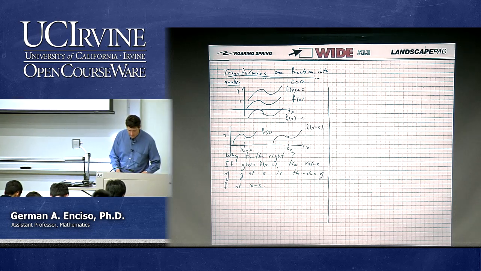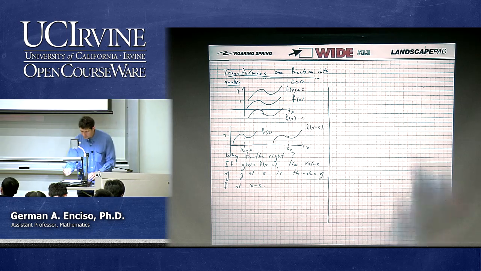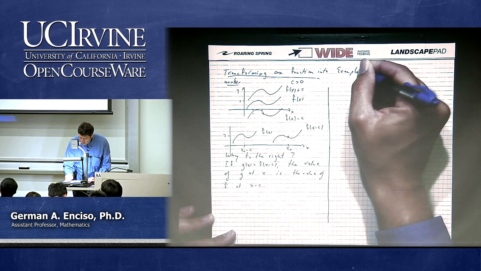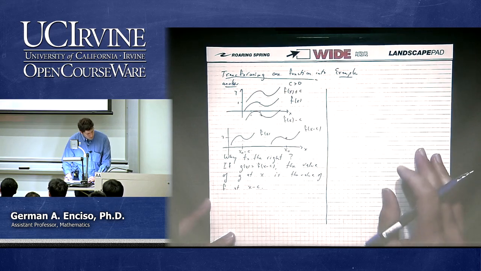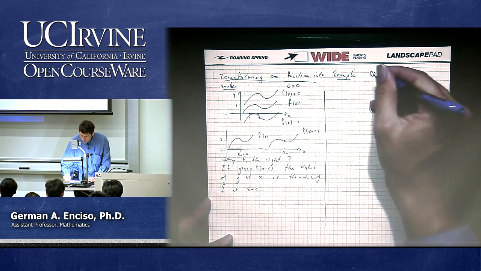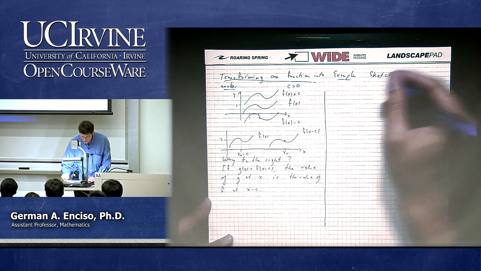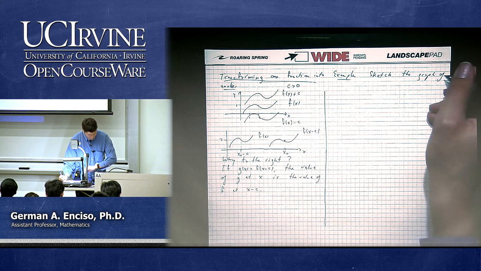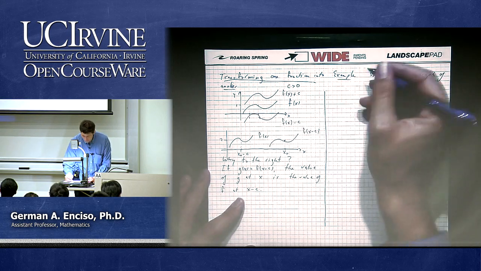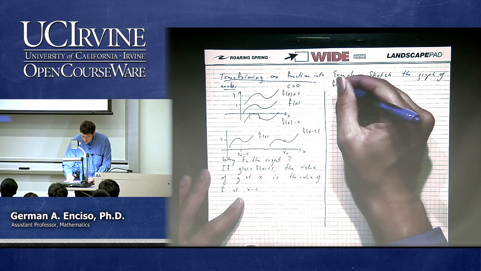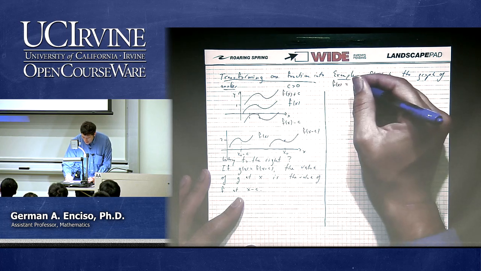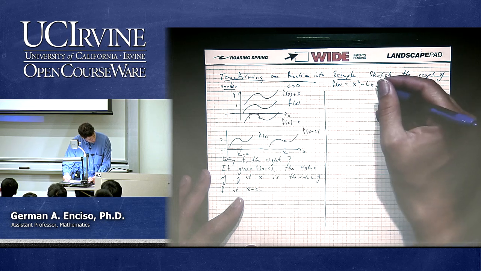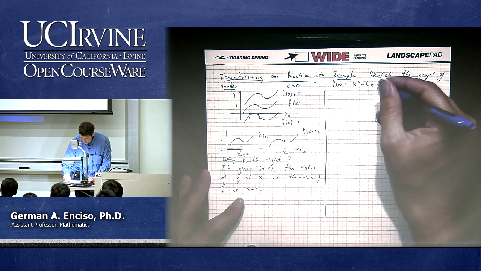Okay, let's do an example of this. Sketch the graph of f of x equals x squared minus 6x plus 10.